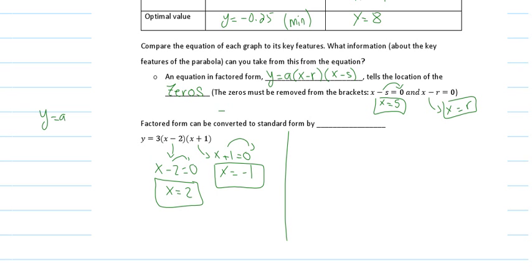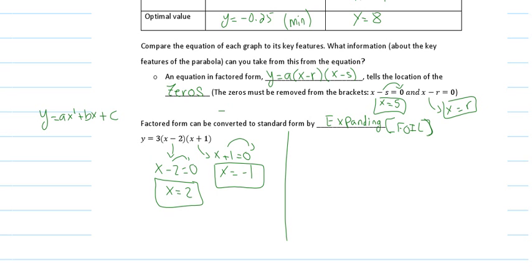So both of you said the two key words. Expand, that's the process. FOIL is the method. Okay? So it can be converted to standard form by expanding. And in this case, I'm going to use FOIL. Okay? So let's do that.